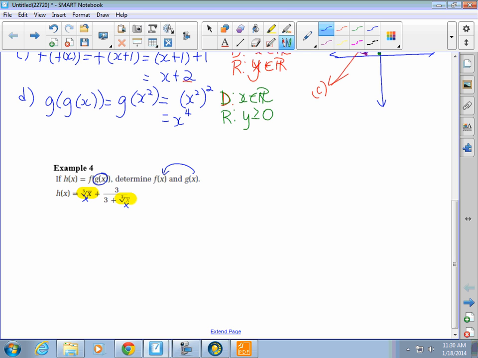So we're going to say our g(x) is equal to cube root of x. Then our f(x) would have had to be x plus 3 over 3 plus, well, there's that substituted in value again, so it needed to be in there for an x.